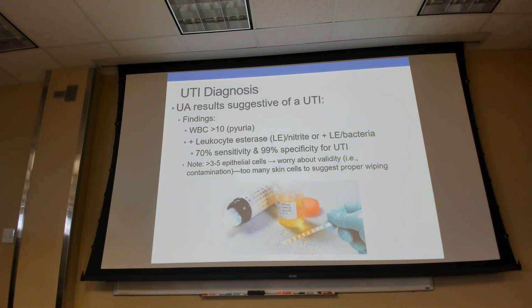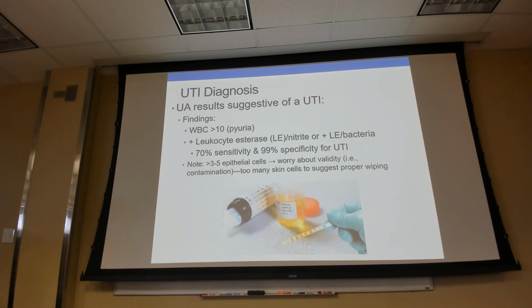Okay, well, great. Well, I don't have the specific things, so really what am I looking at for a child? So in a child, the way you're reading a UA is going to be a little different. If you have more than 10 white blood cells, high urea, that's considered a positive finding. So an immune response in the urine is enough to say, yep, something's going on there.